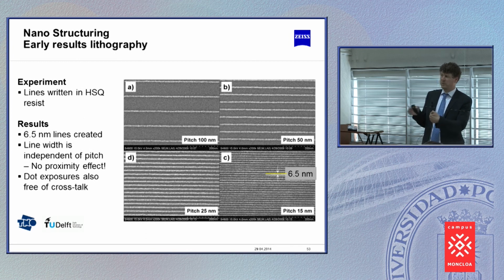You will destroy the last written line when you draw a line really near to the line before. But you can really decrease the distance between these lines by using helium ions.